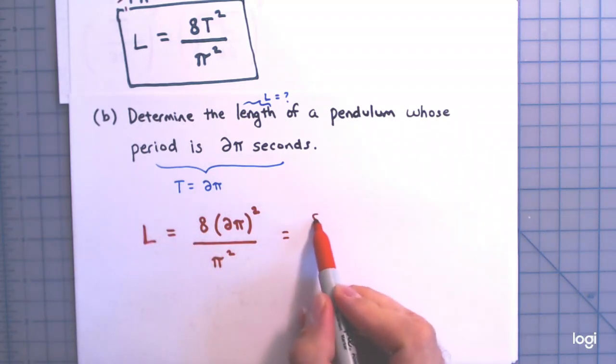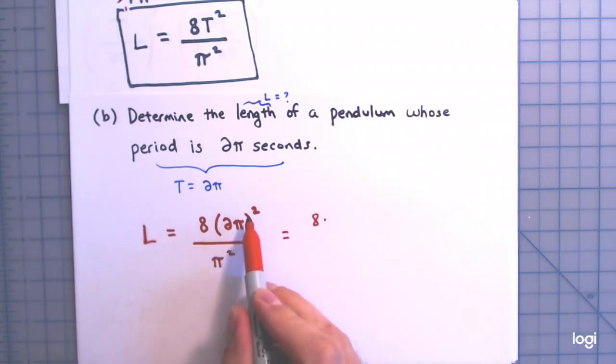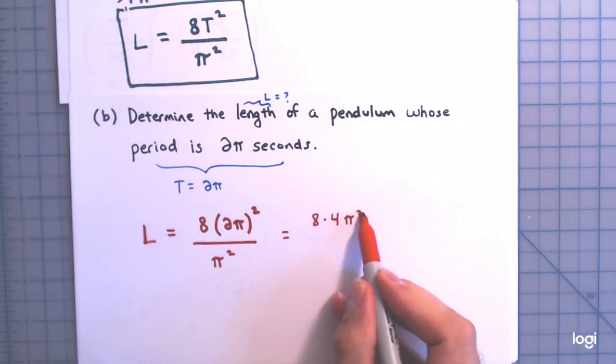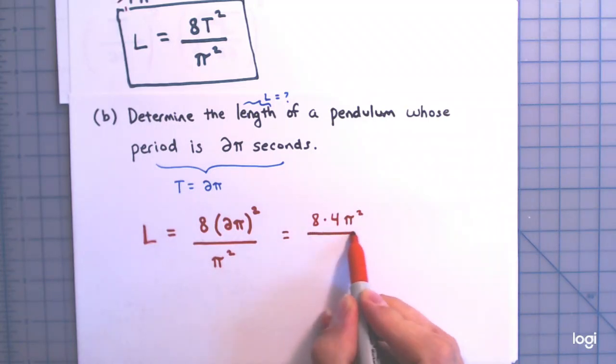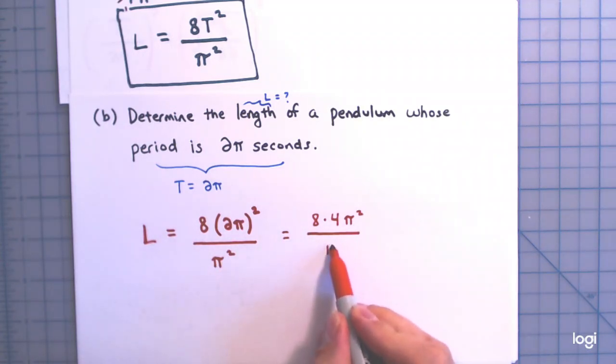This is 8 times 2 pi times 2 pi. 2 pi squared would be 4 pi squared. We saw that earlier, right? When you square 2 pi, you have 4 times pi squared. So that's the numerator, and then divided by the pi squared.